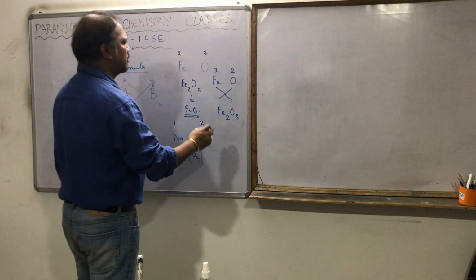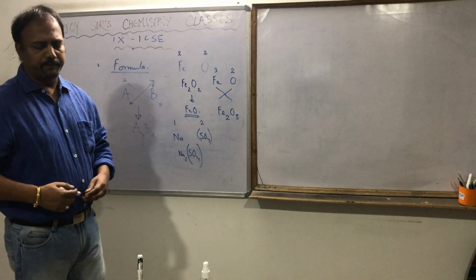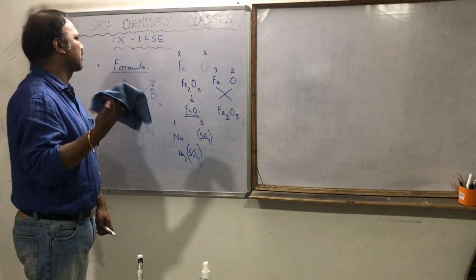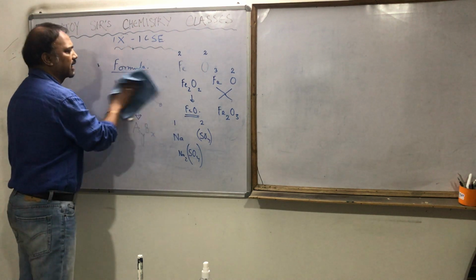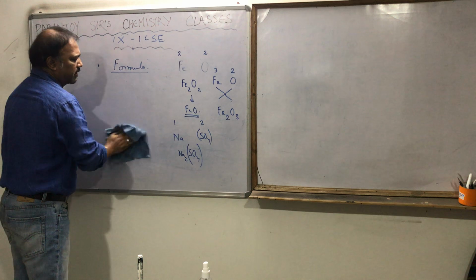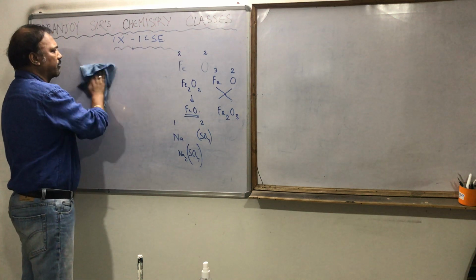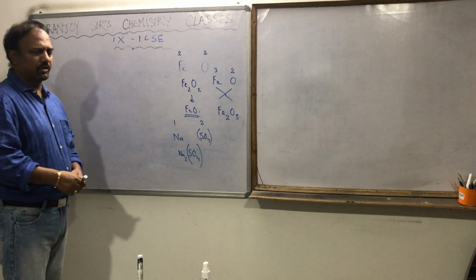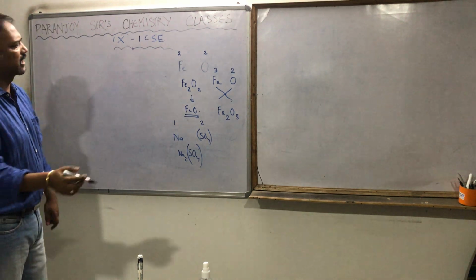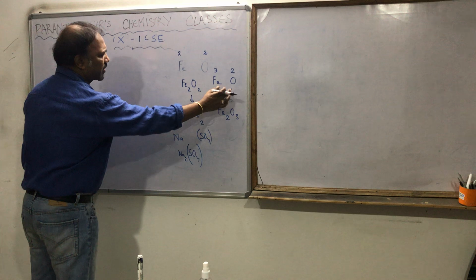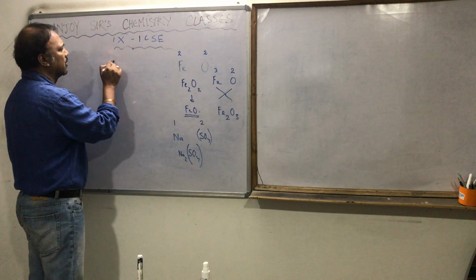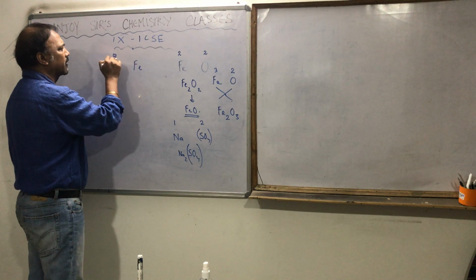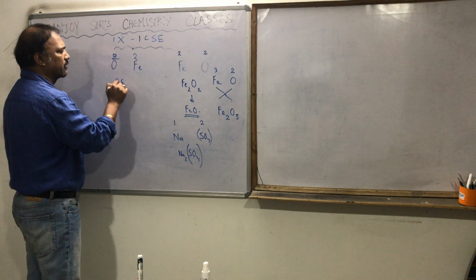One more thing we must understand: while writing the formula of compounds containing one metal and another non-metal, we always write down the metal first, then the non-metal. For example, ferric oxide or ferrous oxide's formula, we cannot write OFe.